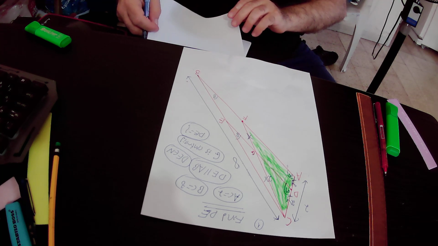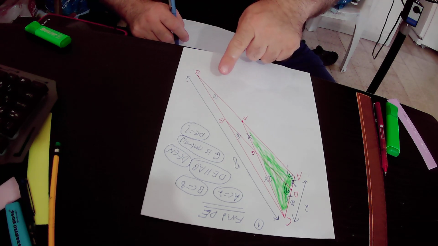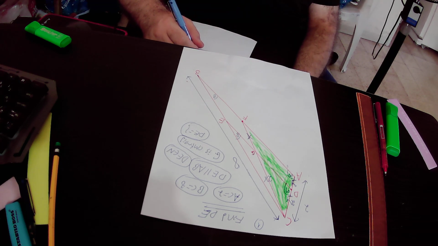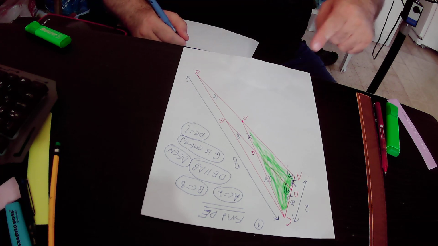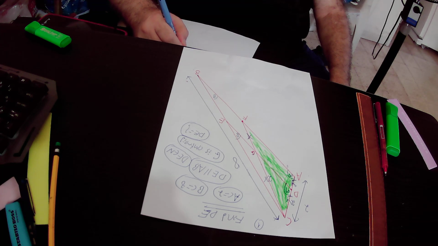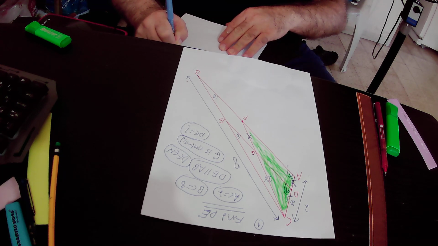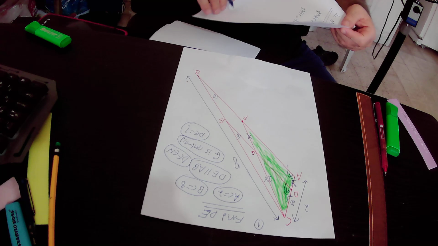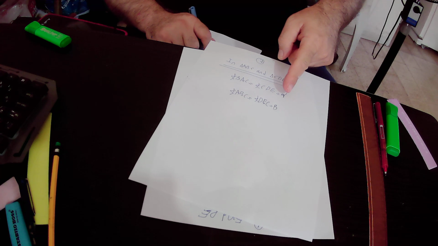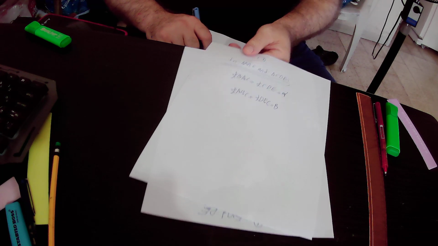And we also know that angle ABC on triangle ABC is equal to angle DEC on triangle CDE, and both those two angles are equal to beta.